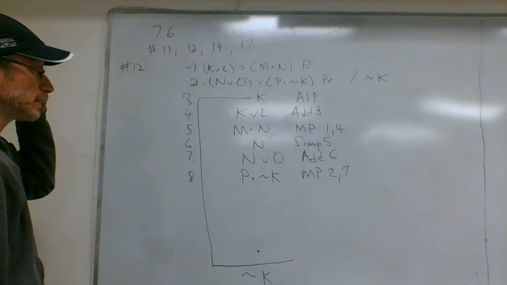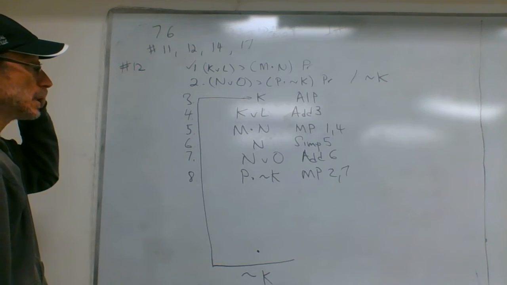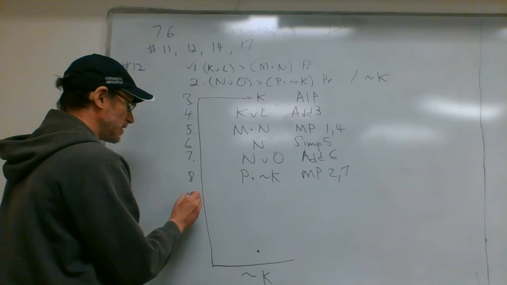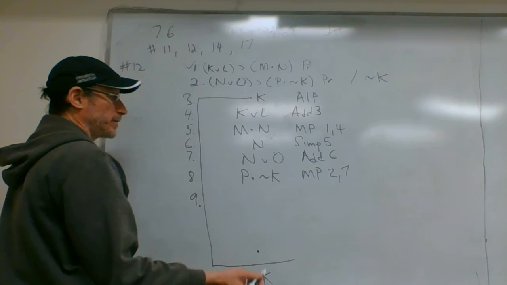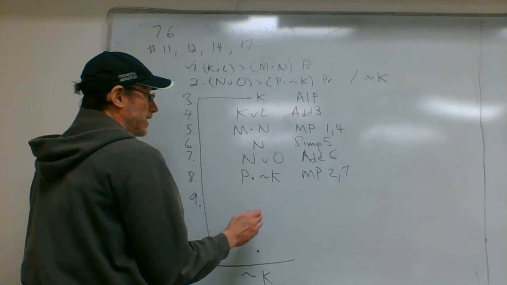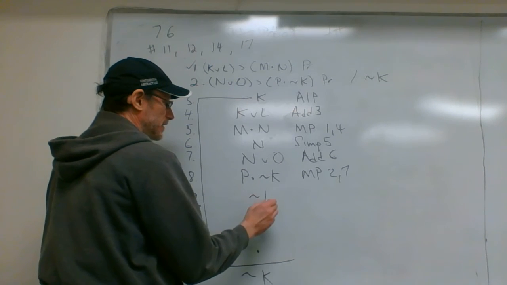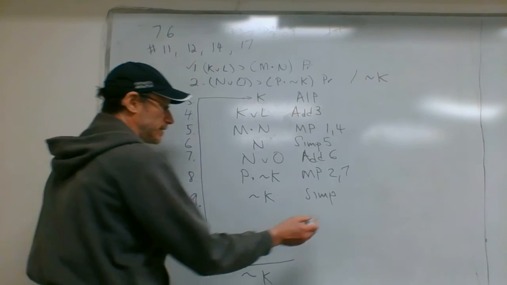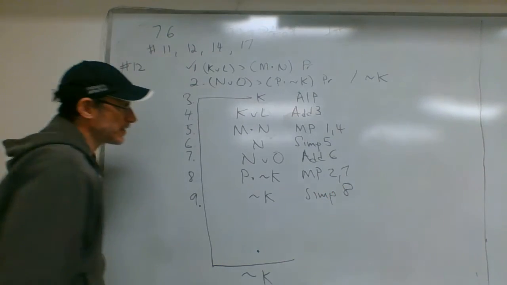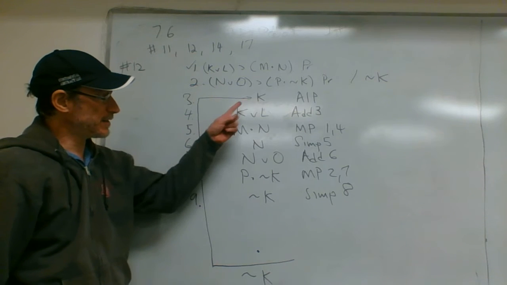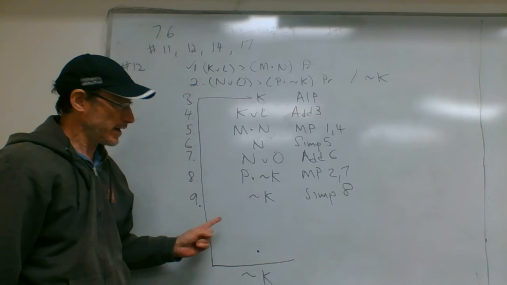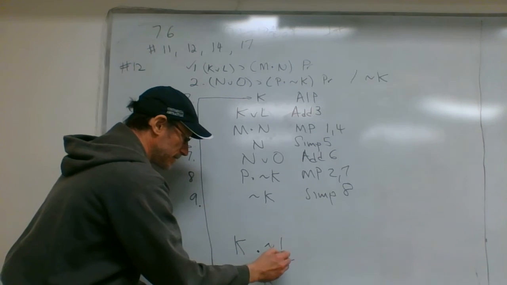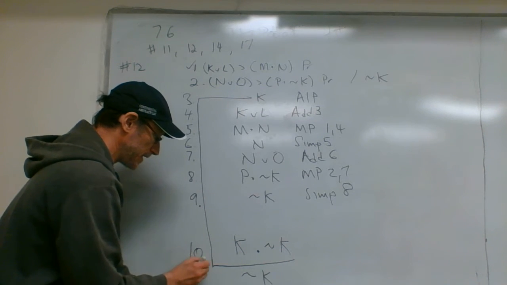And I'm still looking for some kind of a contradiction. This is going to be a bit bizarre, but look at what we have here. I'm going to simplify to get not K, simplification on 8. And look at this, what I have here is I have K, I also have not K. So I'm going to put that on the bottom here, inside the scope marker still. This is step 10.